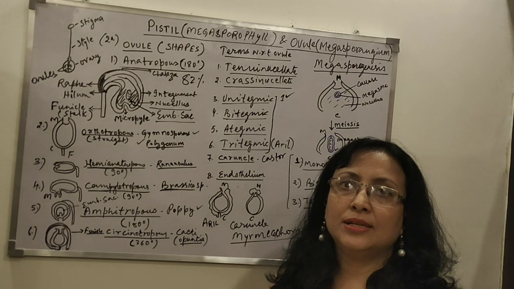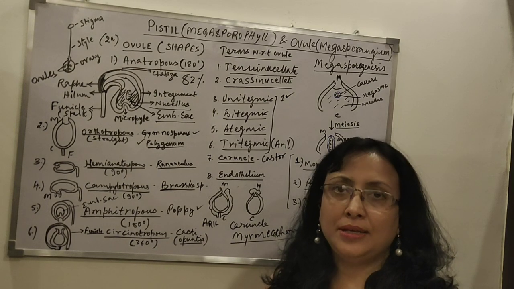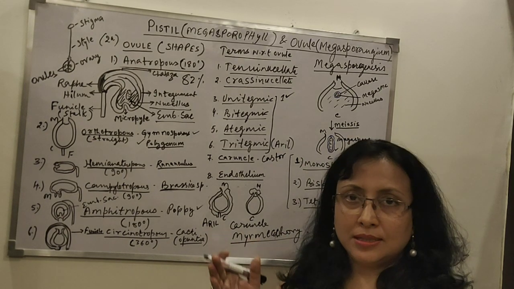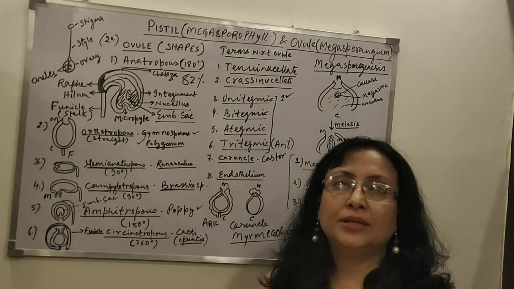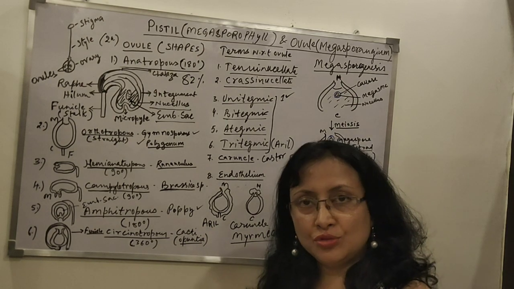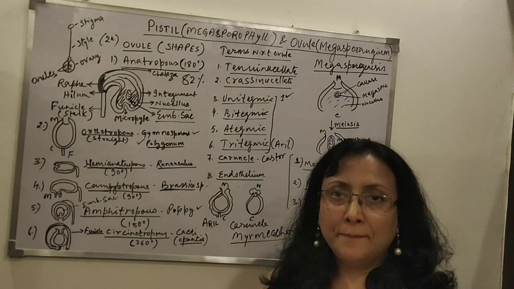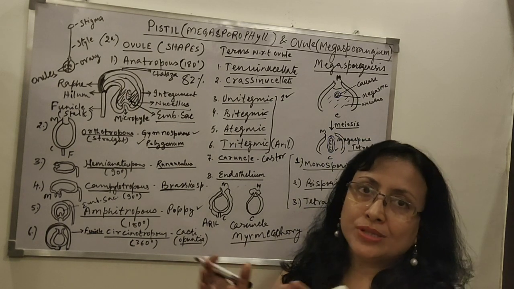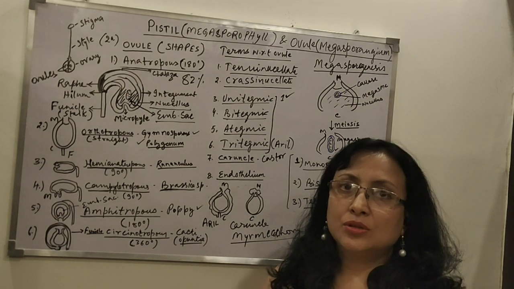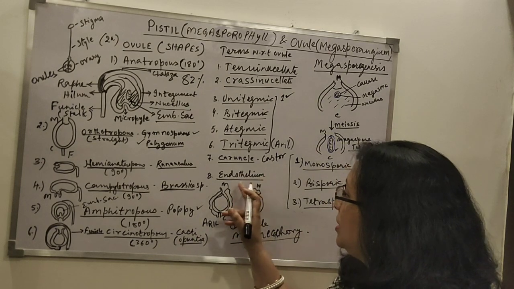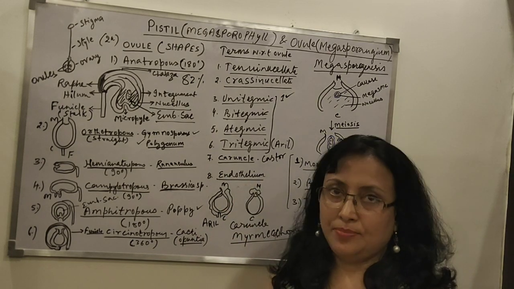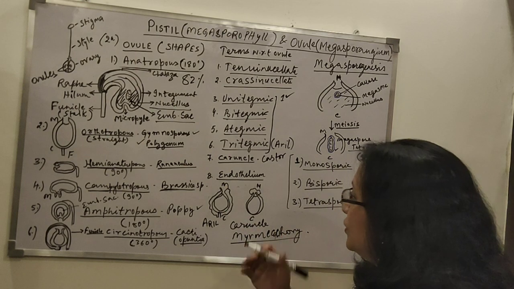Endothelium is also called integumentary tapetum. What does it mean? It is the inner layer of the integument which gives nutrition, and it is compared with the tapetum, which is the innermost layer of the anther wall. So sometimes we call this endothelium integumentary tapetum in ovules.